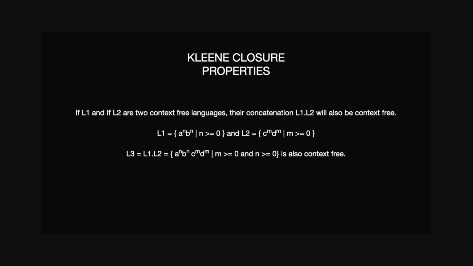So from this we can create a PDA which will first push a, pop b, push c, then pop d. So it is accepted by a pushdown automaton, hence it is context-free, as every language accepted by a pushdown automaton is context-free. Therefore, context-free languages are closed under concatenation.